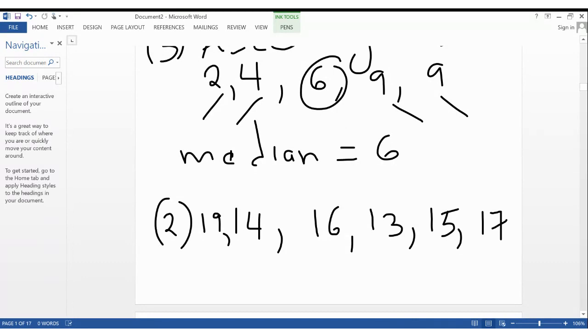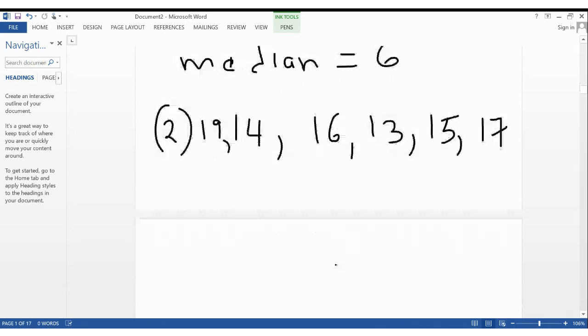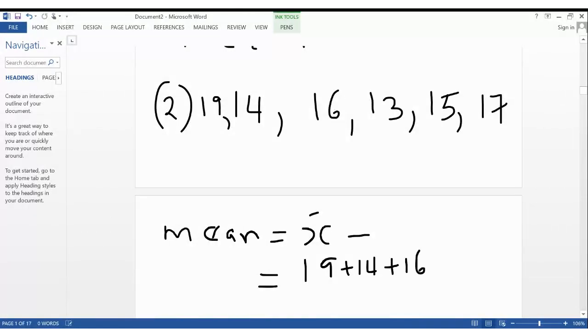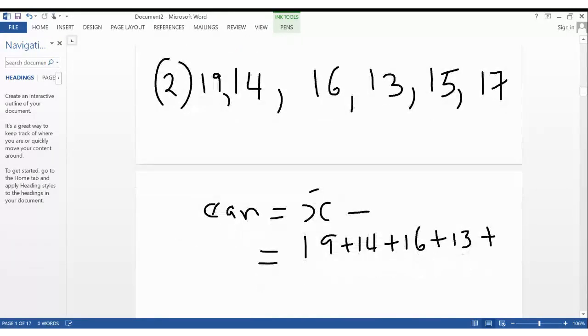So we can do the mean. I will not go basically into the calculation of it. It's just an overview of how you're supposed to do it. Because I need a calculator right now, but I can still do it. So the mean, that is x bar, will be given by 19 plus 14 plus 16 plus 13 plus 15 plus 17, and then we divide all this by 6.